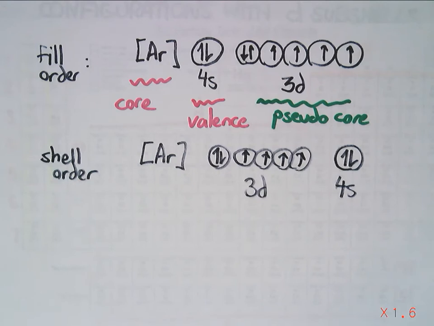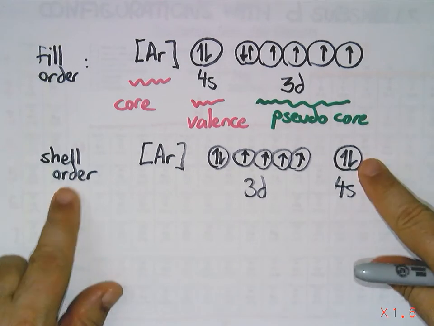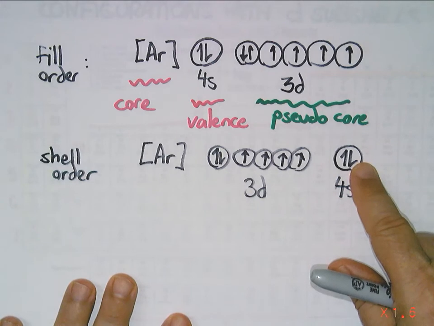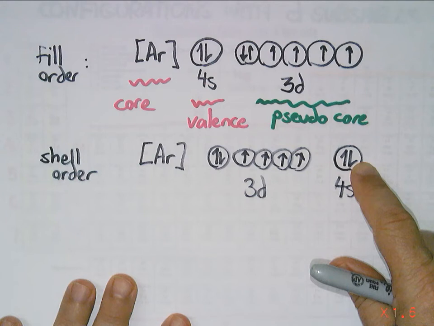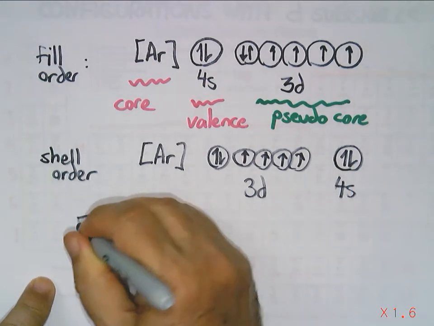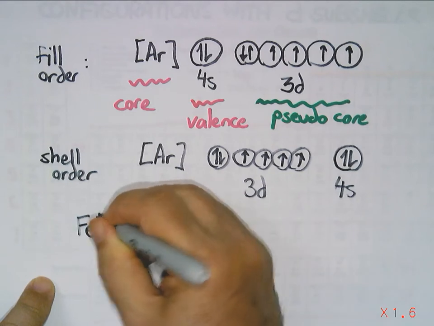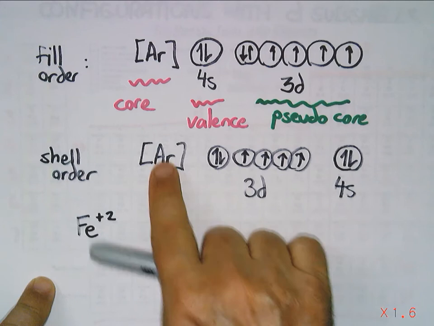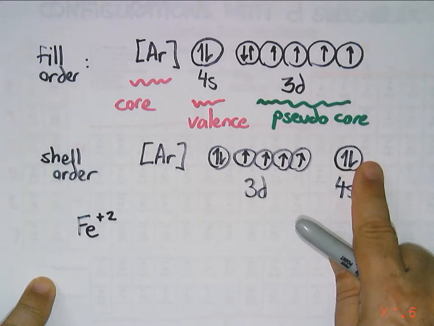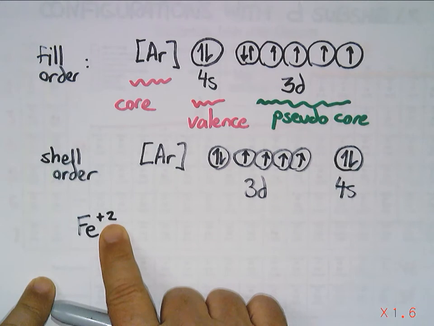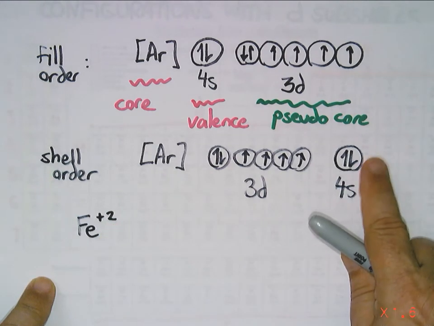Now, another thing you can do with the shell order is, if these are the outermost electrons, when you form an ion, you can start taking electrons out of the valence shell over here. So, if I wanted to write the configuration, and we'll do this a little bit later, of the iron 2+ ion, here I have the iron atom in shell order, and the +2 tells me take away 2 electrons, and I will always take them from the right.